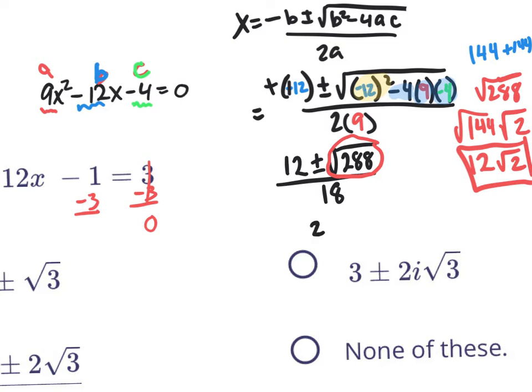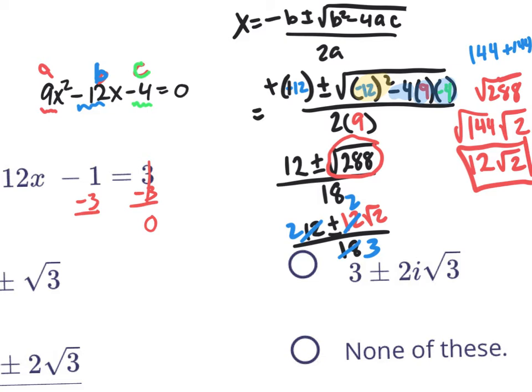Here we go. 12 plus or minus 12 square root of 2 over 18. Now we can and we should reduce this whole thing. We could reduce 12 and 18 by 6. So if we reduce all three terms by 6, we will end up with 2, 2, and 3, right? 12 divided by 6 is 2, 12 divided by 6 is 2, 18 divided by 6 is 3.